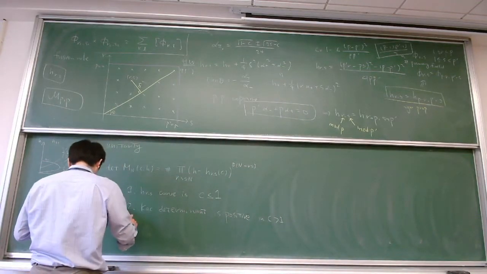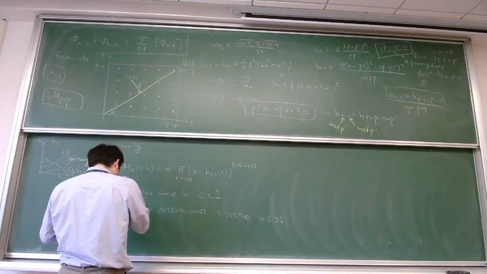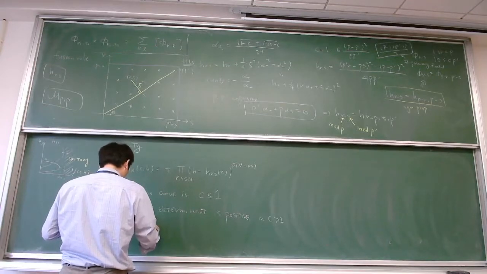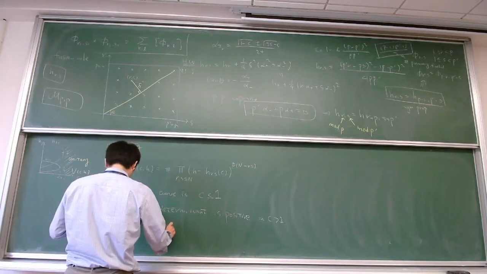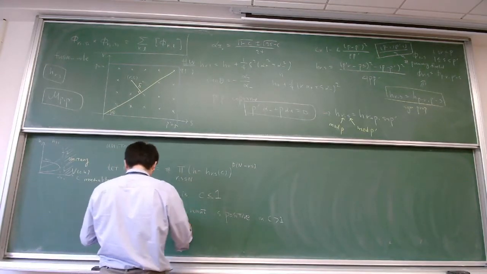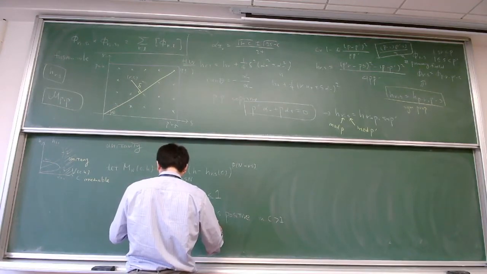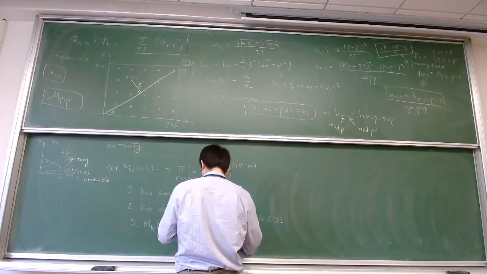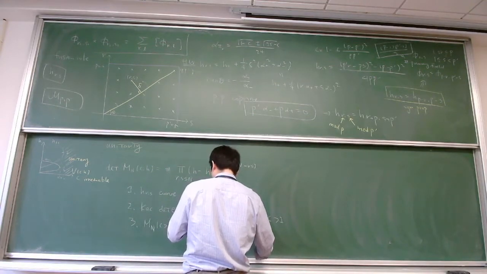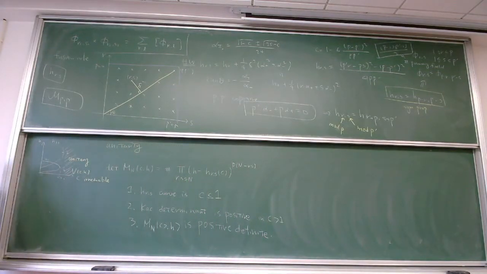And third, the Gram matrix M_n of c, h is positive definite. So you need to show this.